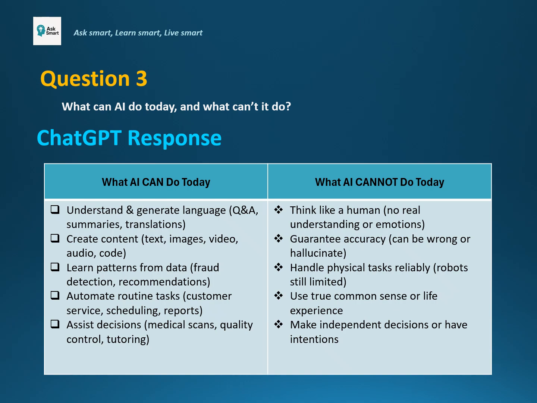And importantly, AI has no independent intentions. It doesn't make its own decisions. It always needs human direction. In short, AI is powerful in language, patterns, and automation, but it still depends on humans for judgment, common sense, and real-world understanding.